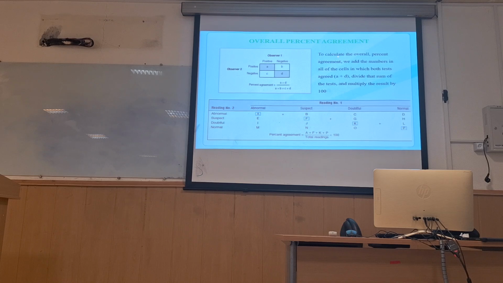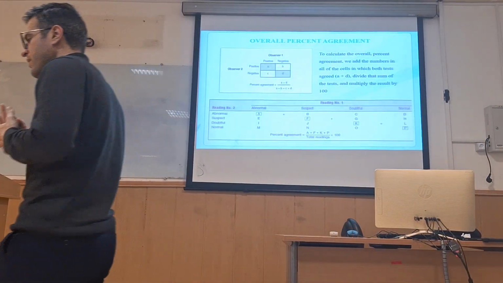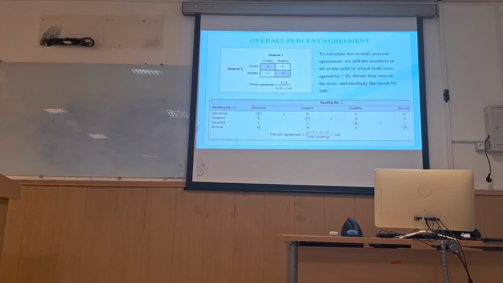For example, to calculate the overall percent agreement, imagine that you have a lot of X-ray photos, radiology tests. After that, you give them to two independent experts, for example, two radiologists.